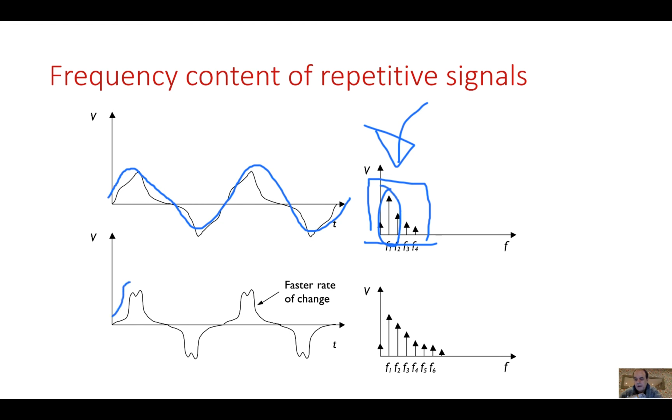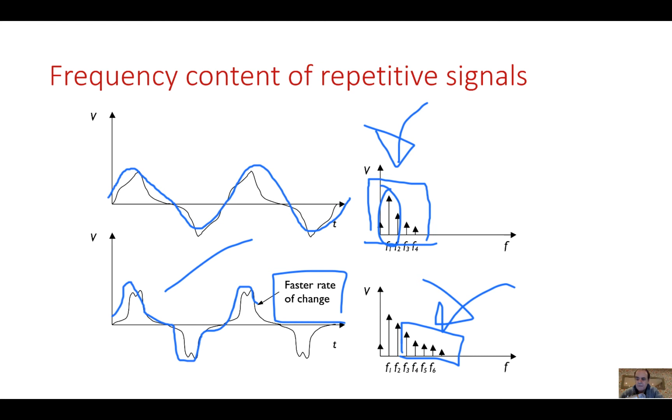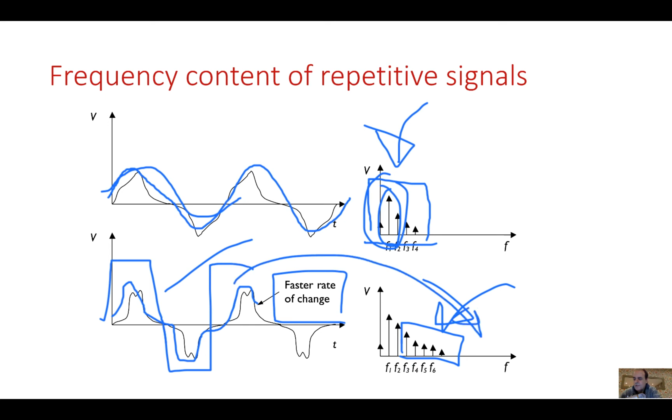But whenever we have higher frequency changes, such as this one here, we actually see higher frequency components coming in. Okay, so the faster the change of a signal, the higher the frequencies that we'll have within it, or the more significant that they'll be. So a slow moving signal will have low frequencies, where a higher changing signal will have higher frequencies contained in it.